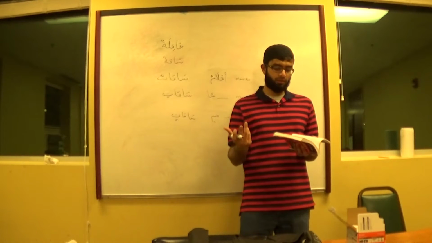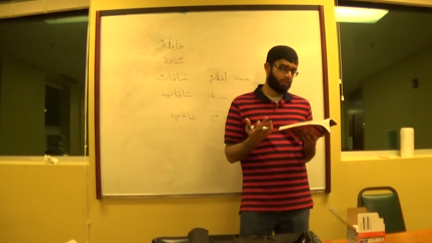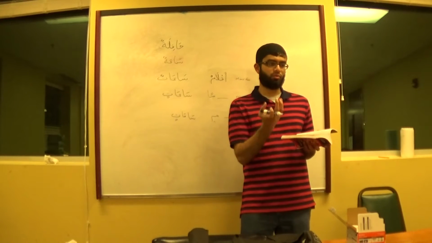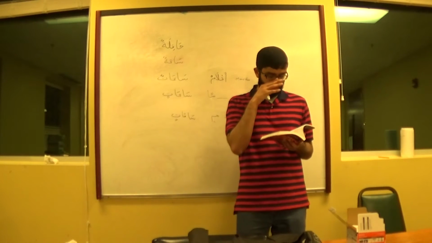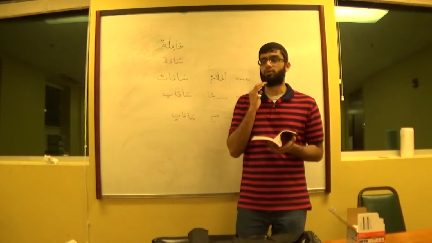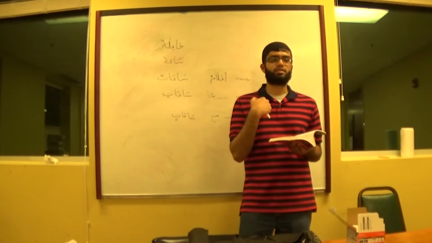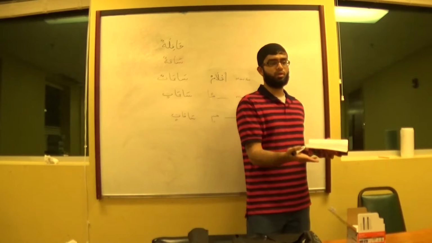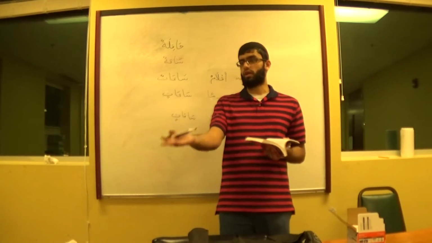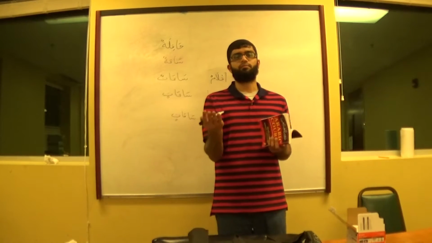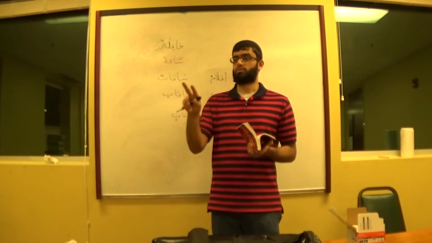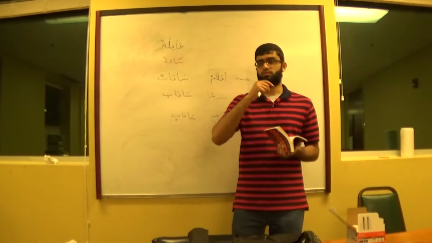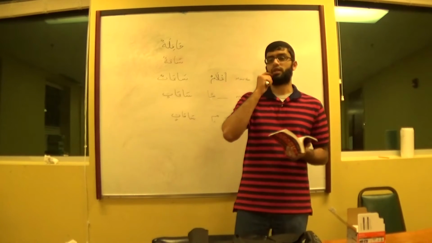Okay, so what we're learning is that when you add a ya mutakallim, the I, as the object of a verb, there is a noon that's added so that the ya doesn't change the whole word. So this ya is the pronoun of I, right? If I want to say I saw him, it's ra'aytuhu. I saw you, ra'aytuka. I saw the two of you, ra'aytukuma.